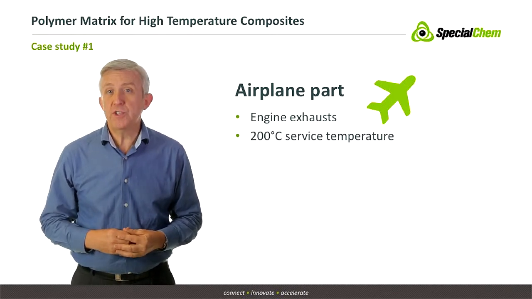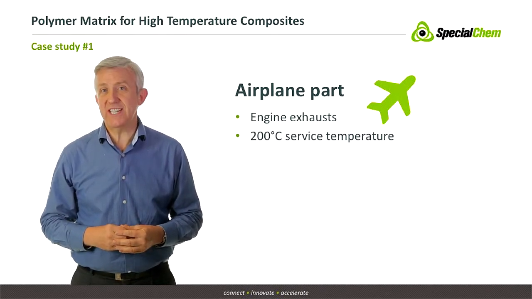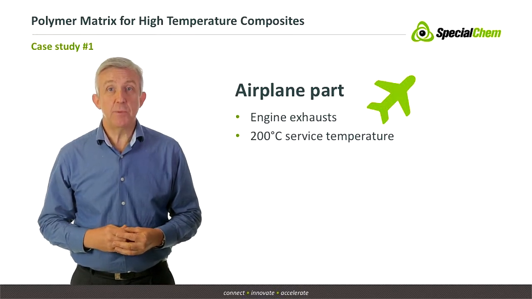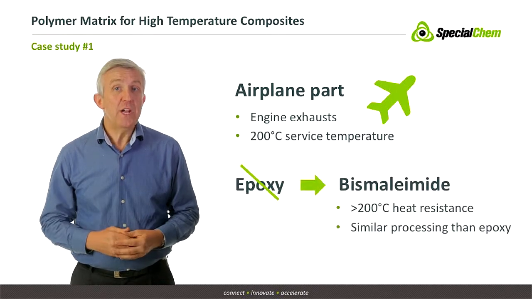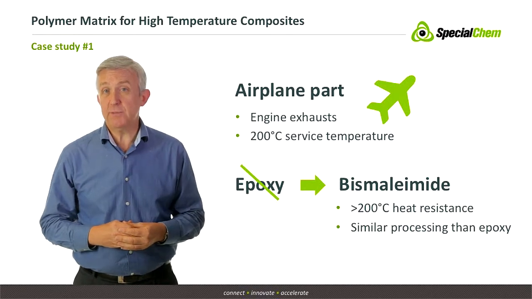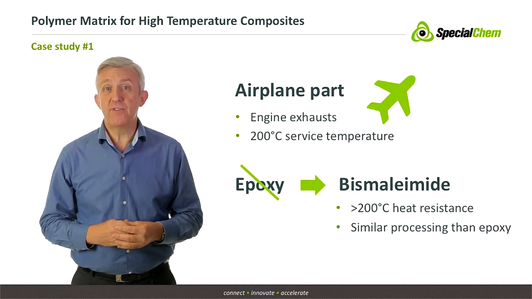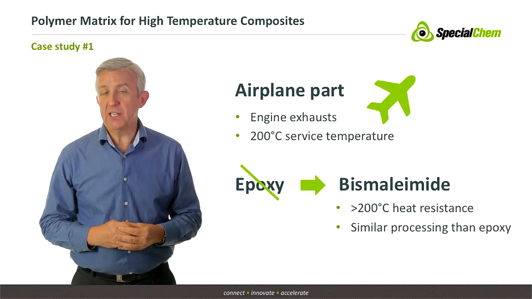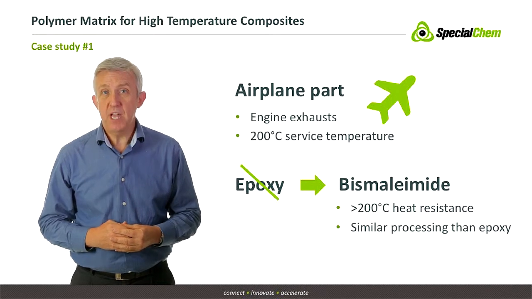However, during routine operation of the airplane, an actual surface temperature of 200 degrees centigrade was determined based on the part's exposure to exhaust from the airplane engine. Therefore, the part design was switched to using bismaleimide as the matrix material. That decision was based on the fact that the bismaleimide provides the required use temperature and also processes very much like an epoxy. If the right matrix material had been used initially, much time and money could have been saved.